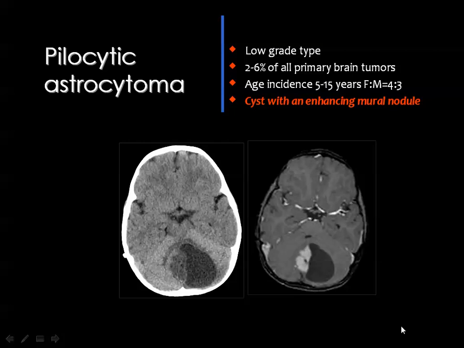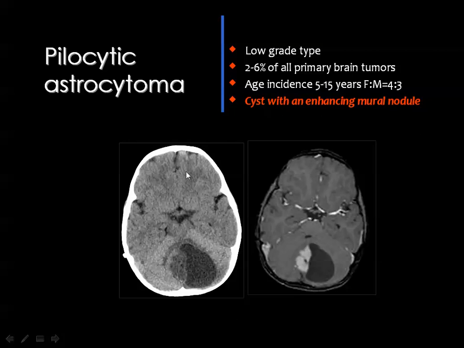Then we'll start first with the low-grade types, and the first one is the pilocytic astrocytoma. This is a low-grade astrocytoma usually seen in the posterior fossa and is diagnosed by the presence of a cyst with an enhancing mural nodule.